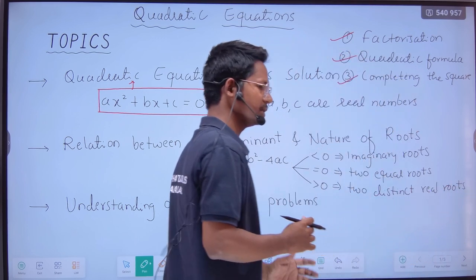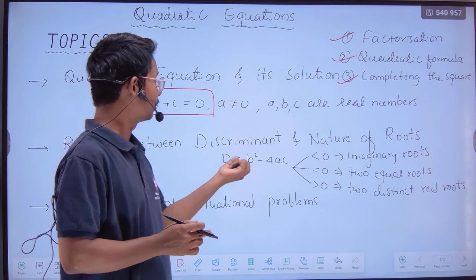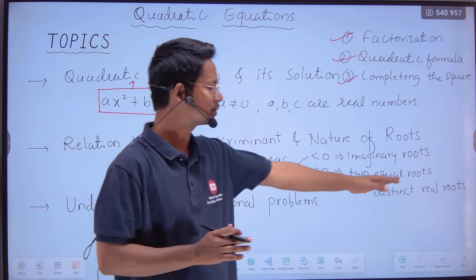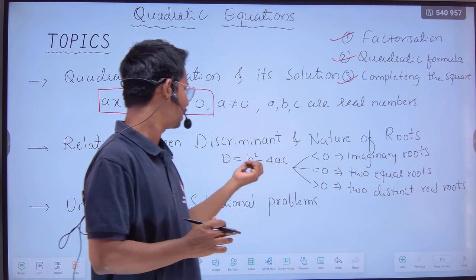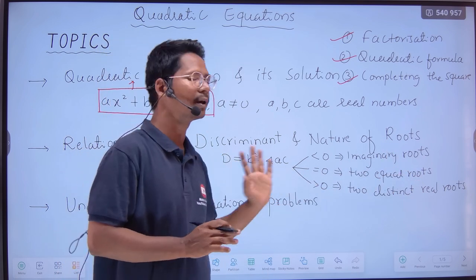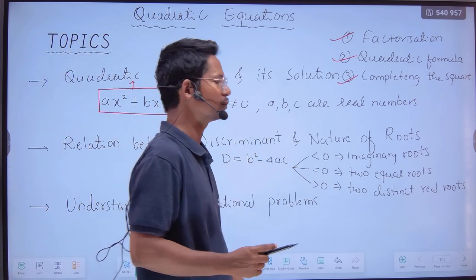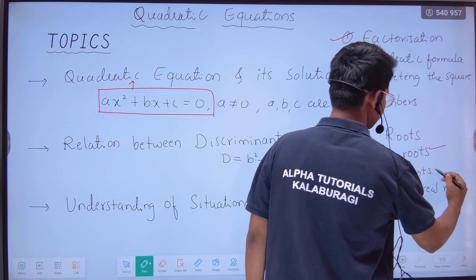Real roots can be negative or positive, that is no problem, but the discriminant b square minus 4ac should be greater than 0. So this is the relation between the discriminant and the nature of roots. Students also need to remember these three points.